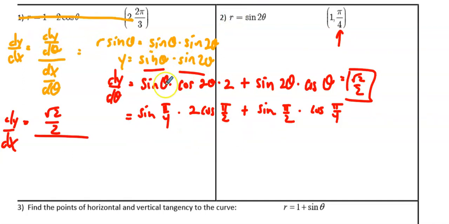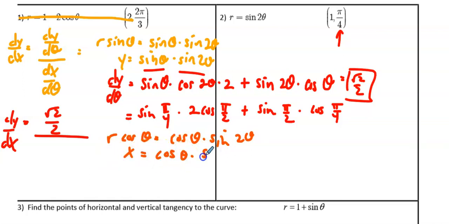So if we want to find now dx over d theta, we're going to multiply both sides by cosine. So we're going to get r cosine of theta, and then we're going to get cosine of theta times sine of 2 theta. So left-hand side becomes x, and just like I've said earlier, this does not simplify. And just like I said earlier, we're going to use the product rule on this one as well.